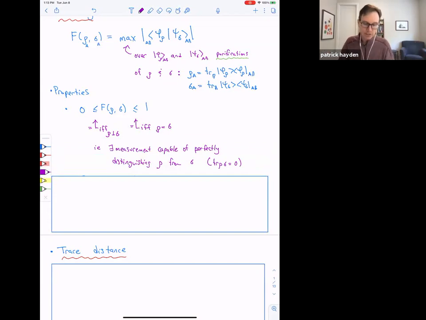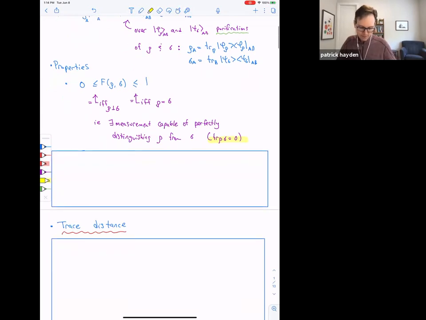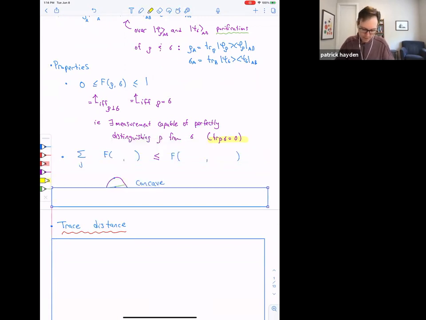And so I'm writing that as rho perp sigma. And mathematically, you can test that by just verifying that the inner product trace rho sigma is 0, because rho and sigma are positive semi-definite. So again, the fidelity, at least in this sense, is doing the right kind of thing for us.